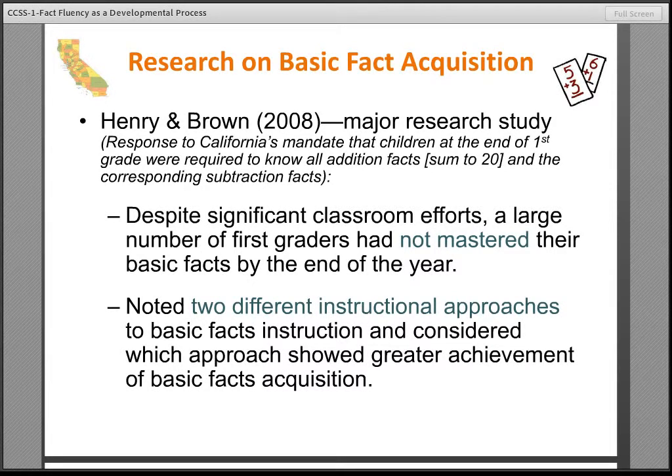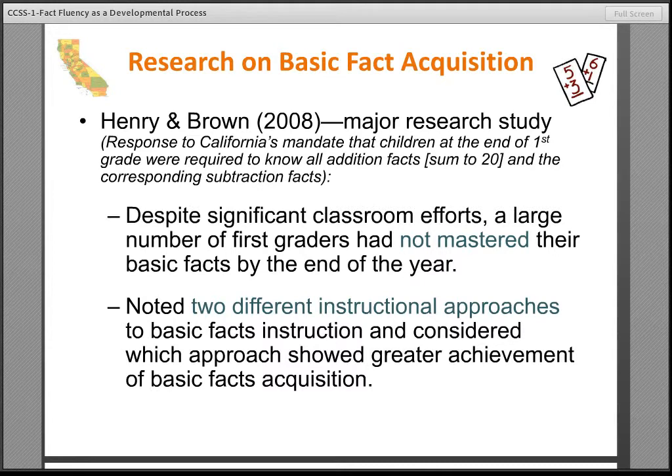Here is a quote from the findings of that study. Quote, "More than 80% of the way through the first grade, only 6.9% of the students demonstrated adequate progress on California's basic facts standard by retrieving at least 80% of the facts.